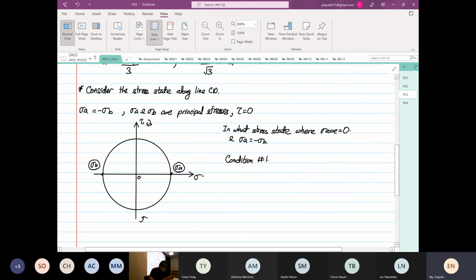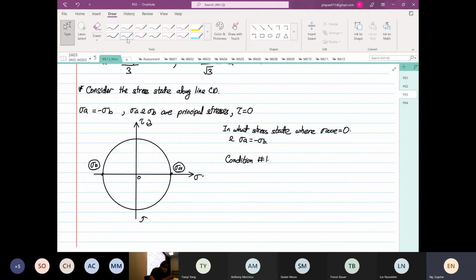Condition number 1. If we have our structure under pure shear condition, shear XY, here's shear YX. I'll draw the transformation.